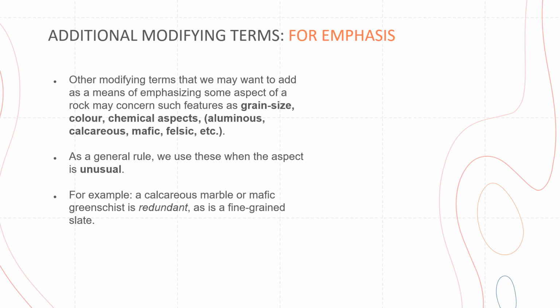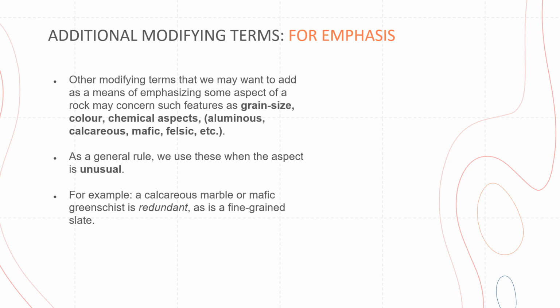So for example, if you're saying something like a calcareous marble or a mafic greenschist, this would be redundant because you're already talking about something that is implied in the name, as is a fine-grained slate, where a slate is already fine-grained, and you're describing it as fine-grained again, so that would be redundant.